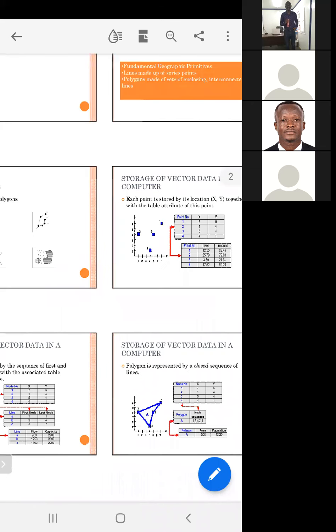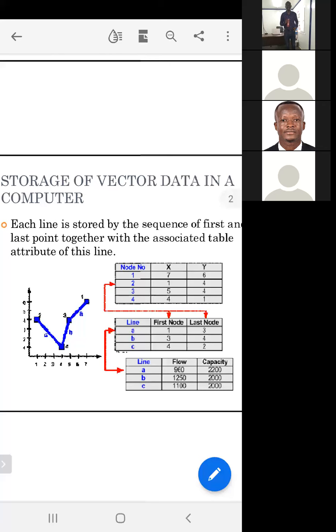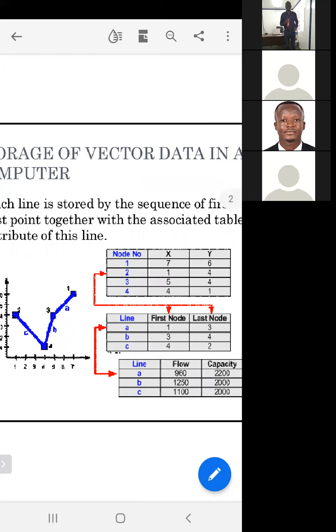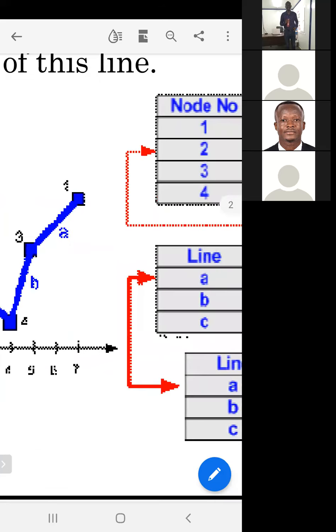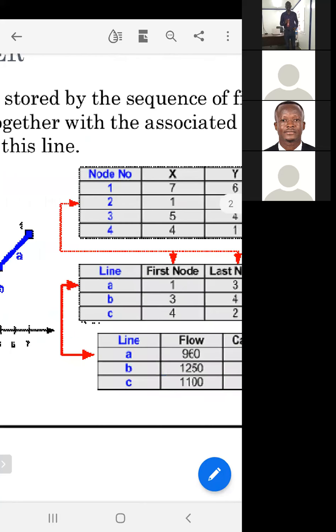A line is made up of points, or if you like, nodes or vertices. So topology is coming in there. When we look at line A, it goes from 1 to 3. The first node is 1, the last node is 3.